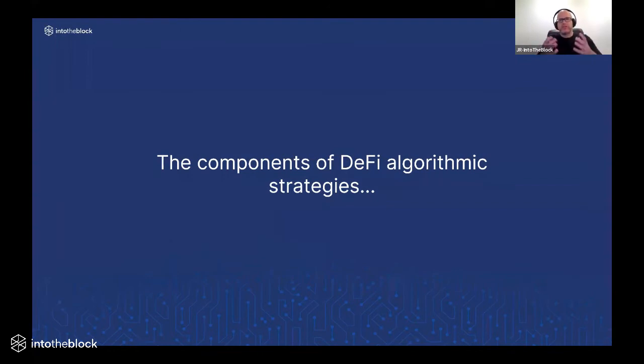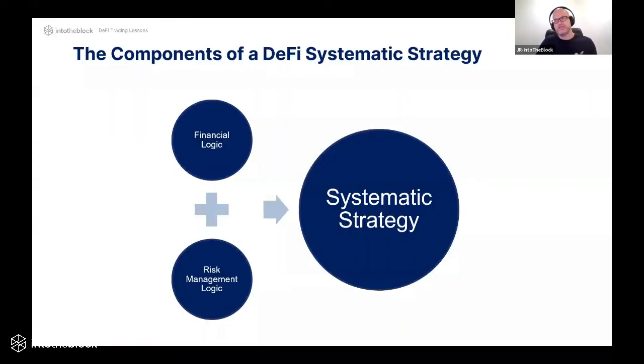When you try to formulate this in the context of algorithmic strategies, right now the market is so asymmetrical that almost anything works. But if you try to boil this down to first principles, any systematic, meaning algorithmic, strategy in DeFi has to have two fundamental components. One is the financial logic of it, and two is the risk management logic.